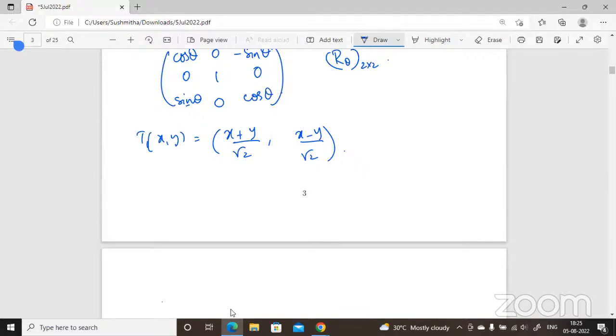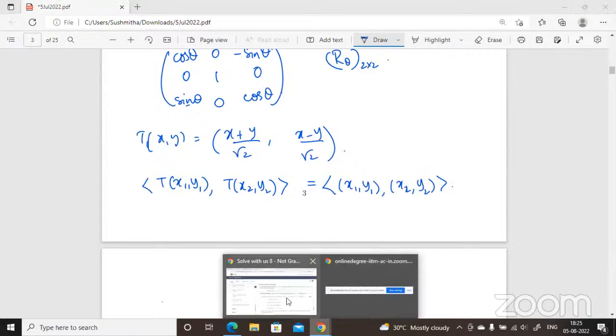Ma'am, inner product, we need to find it out. Yeah. So we need to take two vectors, x1, y1 and x2, y2, take the inner product of the images and then check whether that is equal to the inner product of these two vectors.